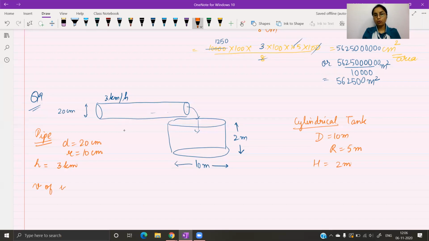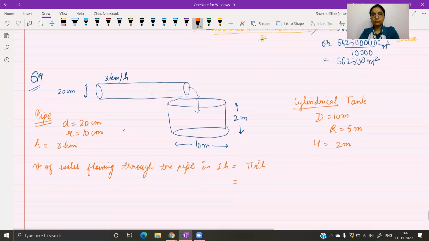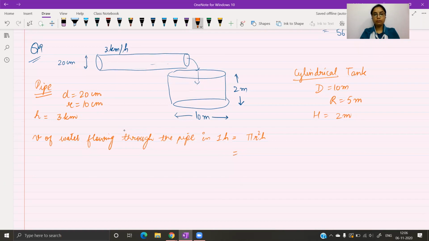And then volume of water will be given by the sectional formula pi r square h. And then you can find out the volume of cylindrical tank to be filled. This will be pi capital R square h.